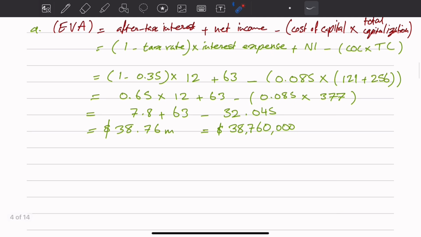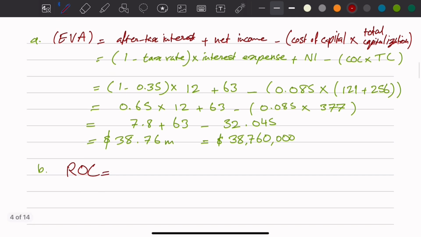Now I'll quickly remind you of the formula for the return on capital. It equals the after-tax interest plus net income.